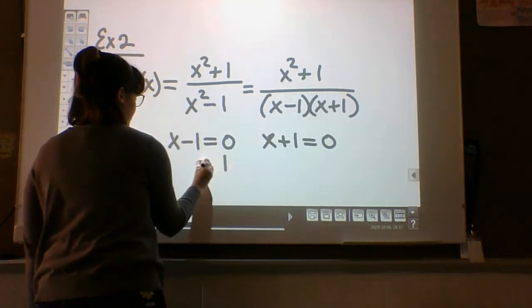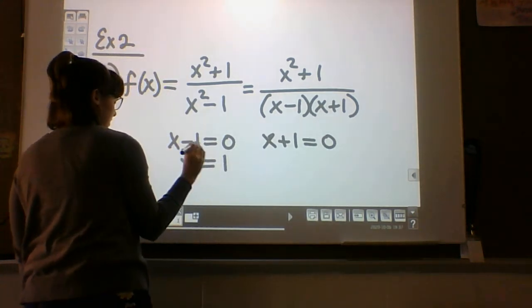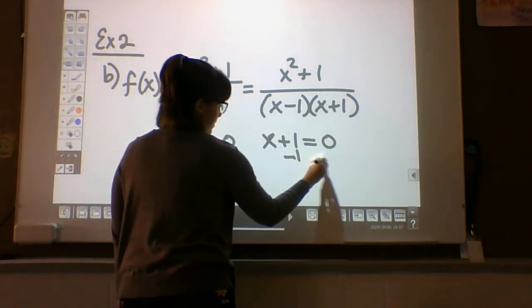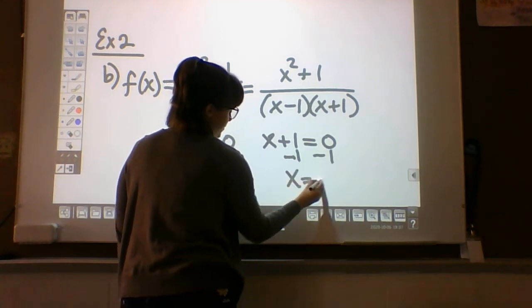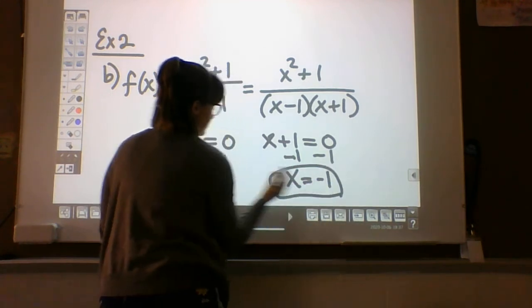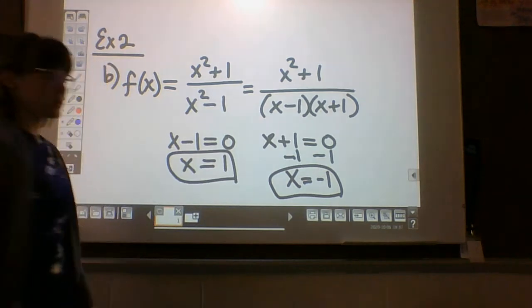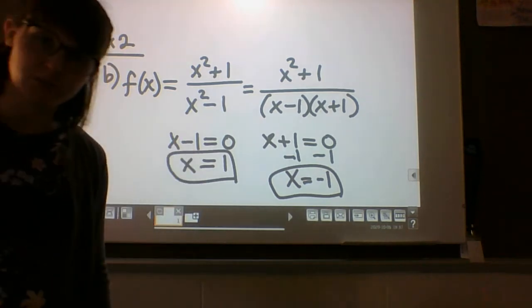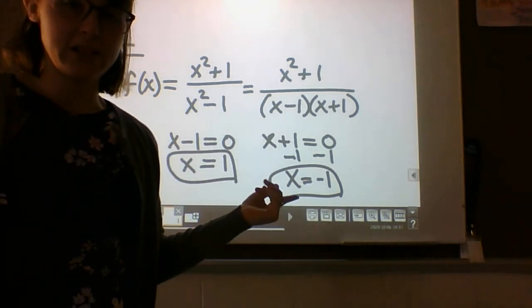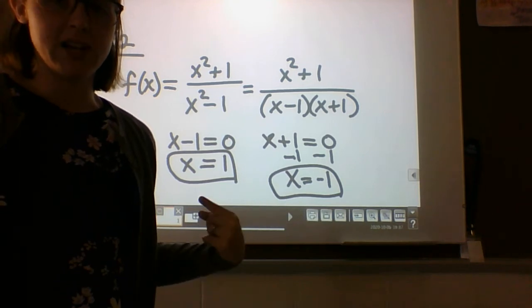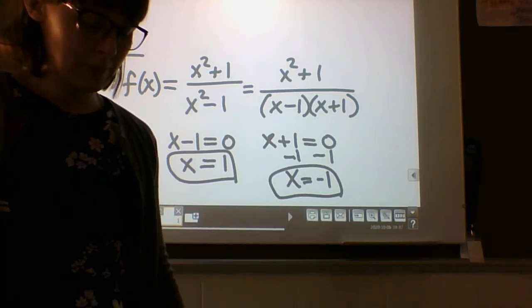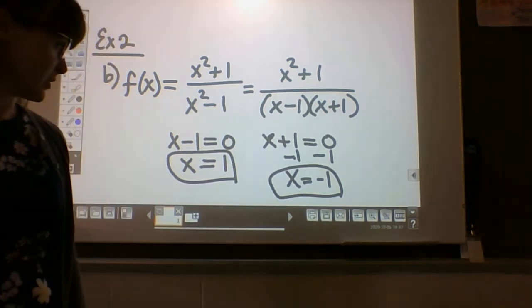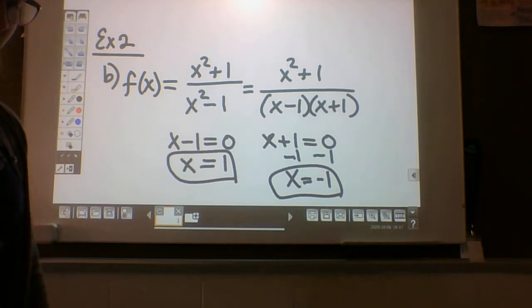Okay, so we're going to have x equals 1 and x equals -1. So this problem would have 2 vertical asymptotes, one at x equals -1 and one at x equals 1. Okay, so there are 2 vertical asymptotes to that problem.